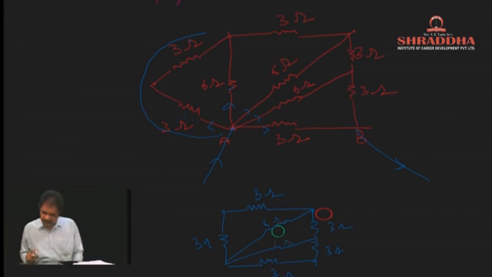This will be 3. 3 will be again 6. 6 with 3. So R_AB, consider 3 into 6 by 3 plus 6, 18 by 9. This value will be 2 ohms.